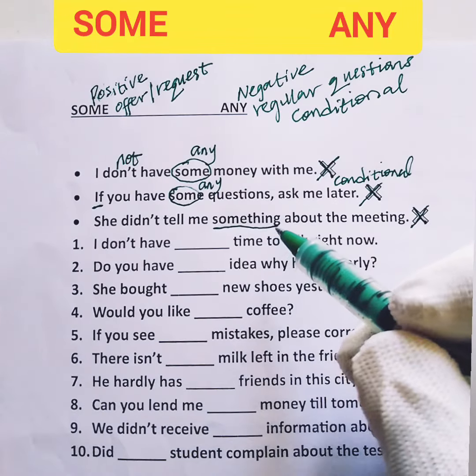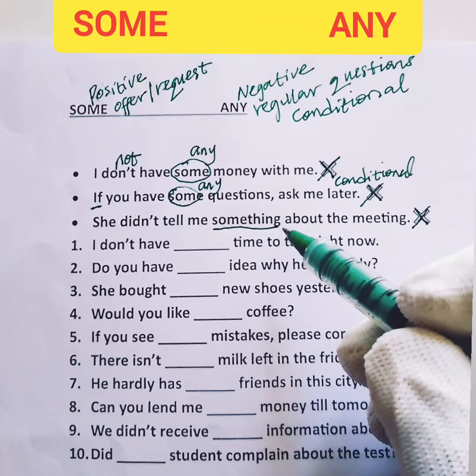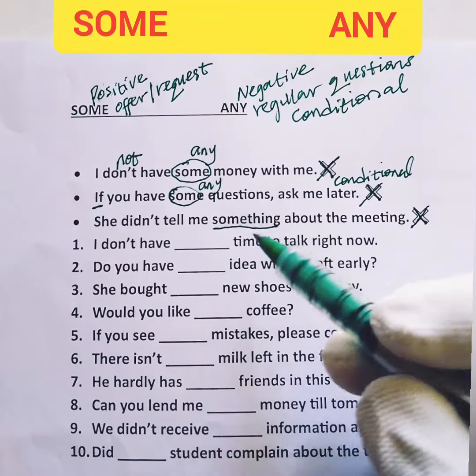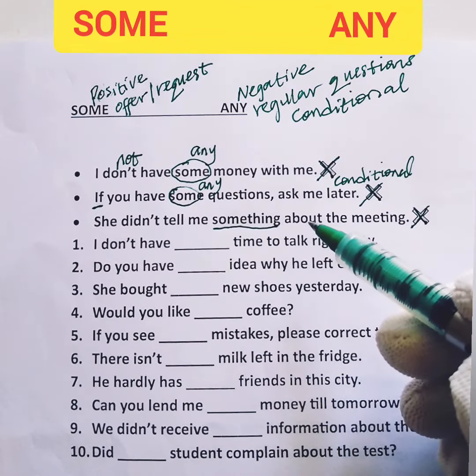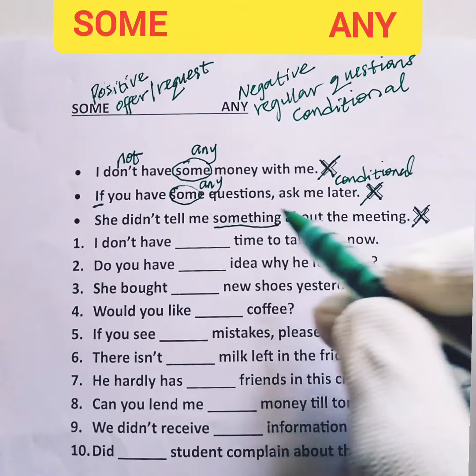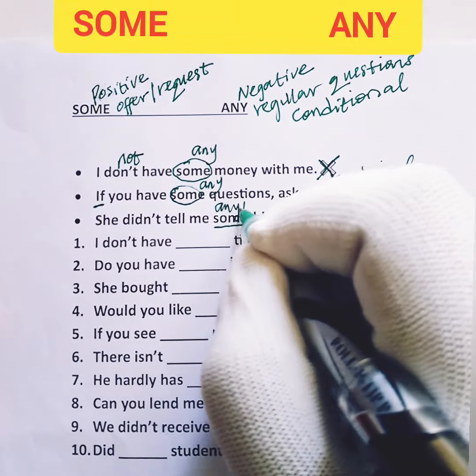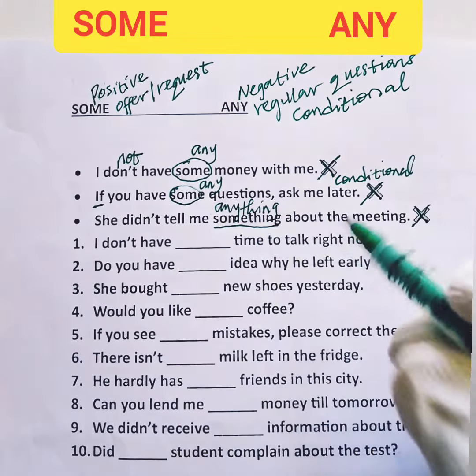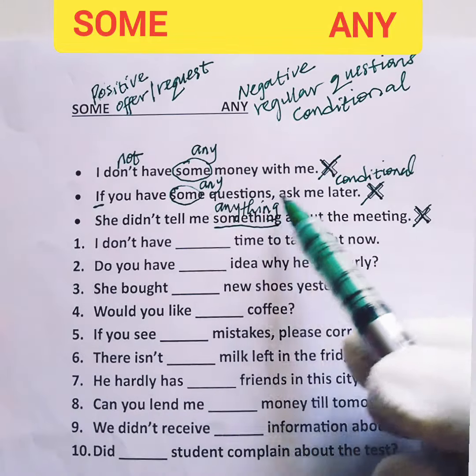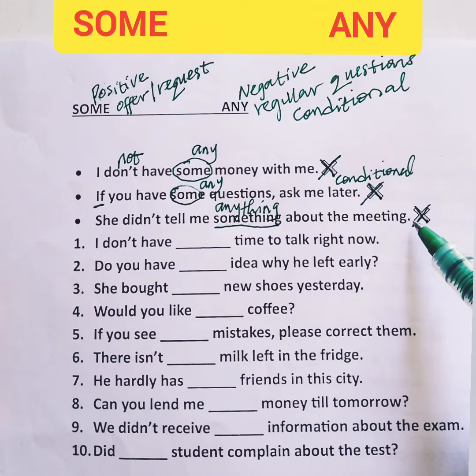Remember, any word that has some or any in it also follows the rule of positive and negative. So to correct this sentence, we have to change this to anything. She didn't tell me anything about the meeting.